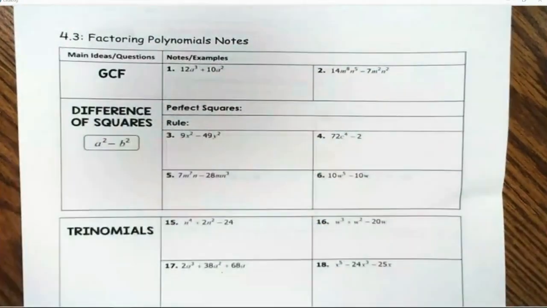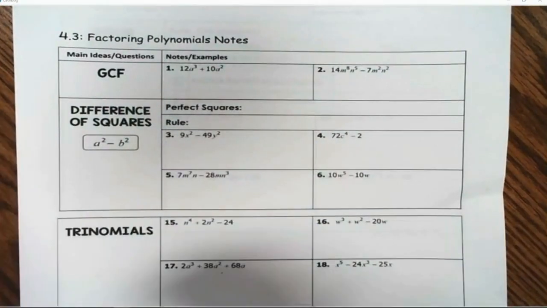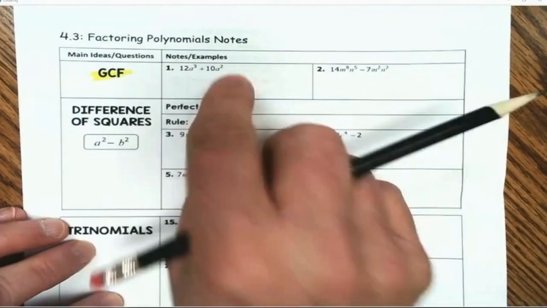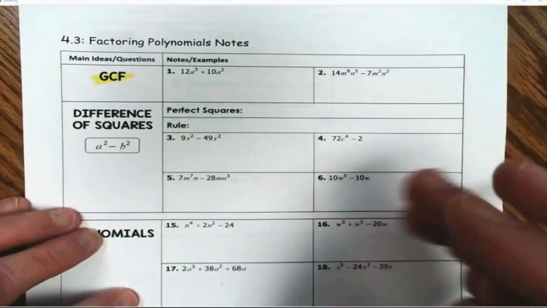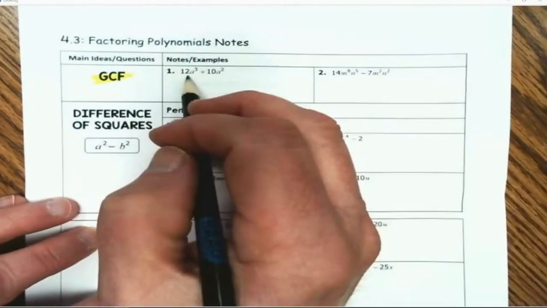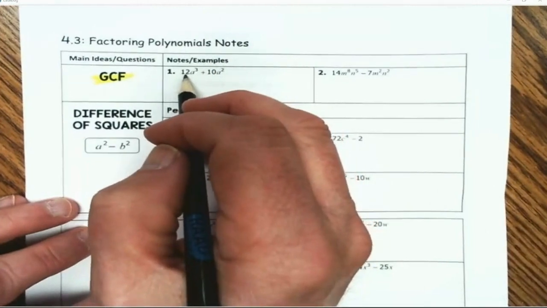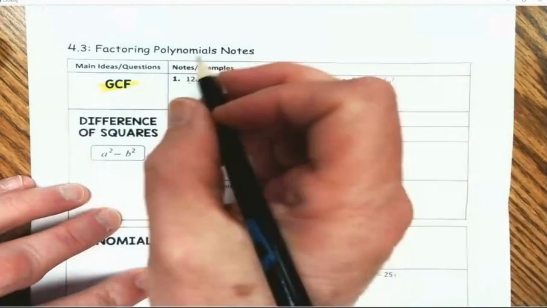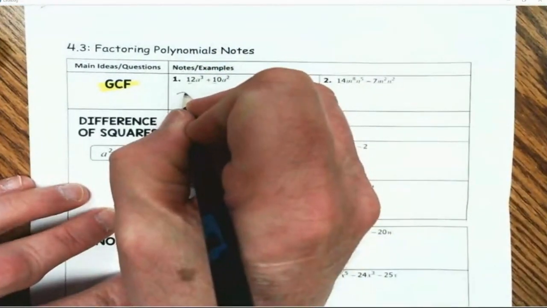So the first thing in factoring, look for a greatest common factor. Greatest common factor, something you can factor out of every term in the equation, or the function in this case. So if we look at this, 12 and 10, well, we can take a greatest common factor out of that. We can take out a 2.